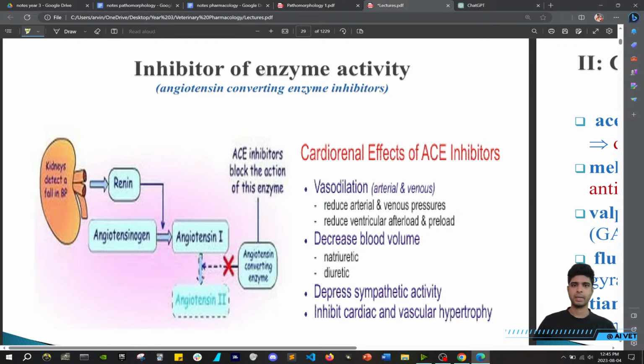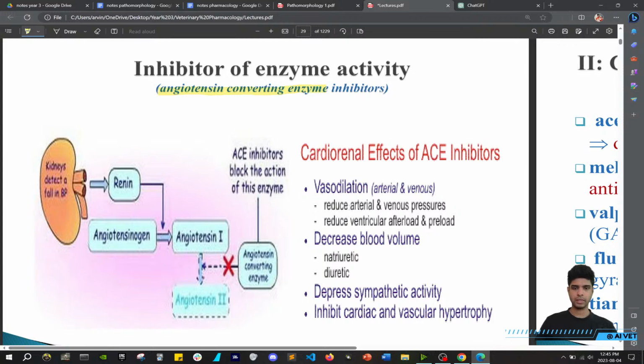Inhibitor of enzyme activity. Angiotensin converting enzyme inhibitors. What does it do? It decreases blood pressure. How is it doing that? Let's see. Cardiorenal effects of ACE inhibitors. ACE is angiotensin converting enzyme. So vasodilation, arterial and venous.